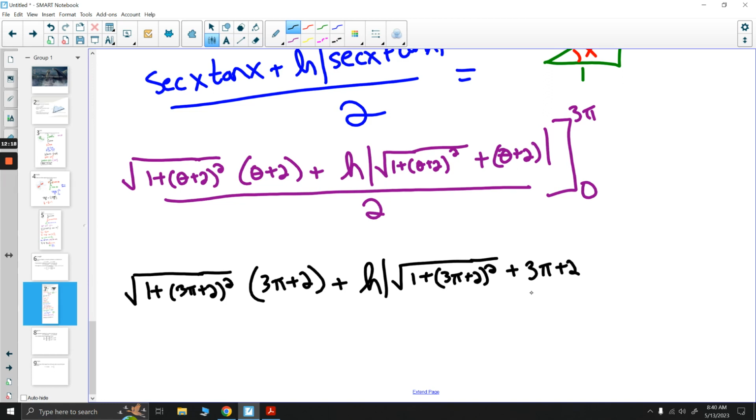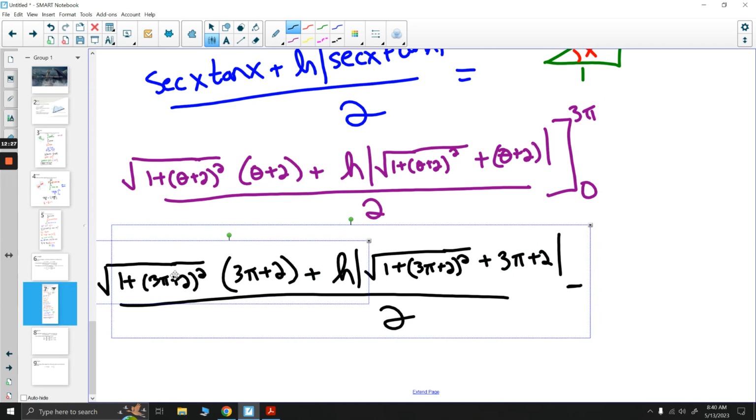Don't really need the parentheses there. And this is all over 2, and then it's minus. So, geez, I'm hoping these things cancel out a little bit.